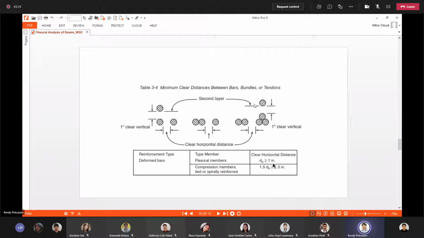Kailangan minimum dyan 1 inch. So in metric, it is equivalent to 25 millimeter. So similarly, ganun din to sa vertical clear spacing. Kailangan ang minimum dito ay 1 inch, so 25 mm. So that is the value of the minimum spacing.